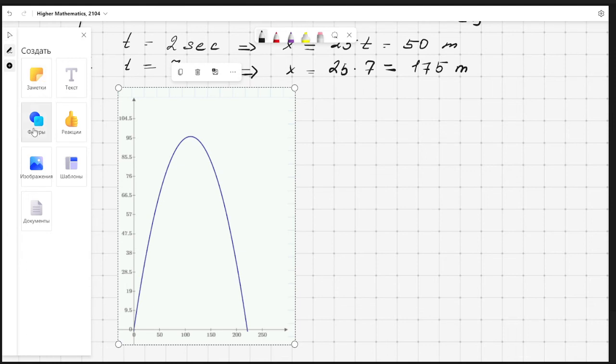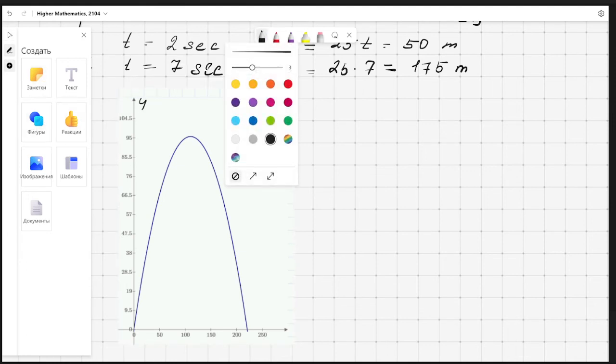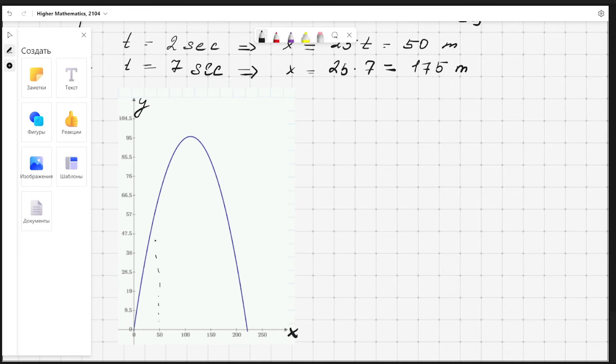This is y, x. This is first direction, and this is second direction, this tangent line.